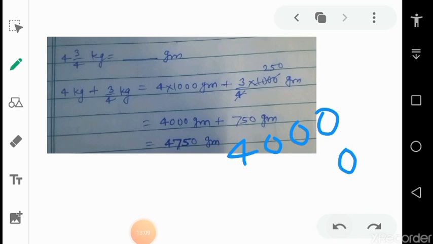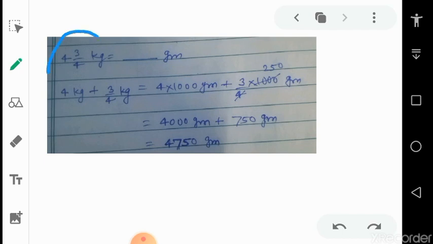I want to tell you something more about this topic. Whenever you are converting a bigger unit into a smaller unit, remember that the magnitude of the value will always be bigger. For example, here the unit is kilogram, its magnitude is only 4 and 3 by 4, that is 19 upon 4.